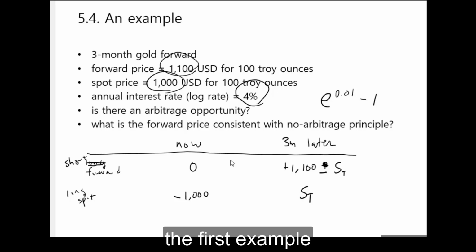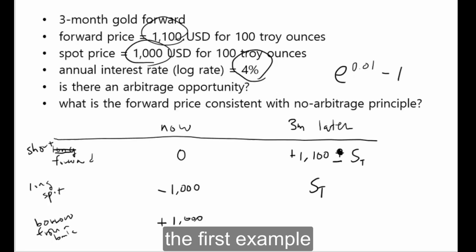And now, just to complete the story, let's say instead of spending your own $1,000, you borrow the money from a bank. So that's the last component. So if you borrow $1,000 now, so that you have a cash inflow of $1,000, then three months later, what will happen?